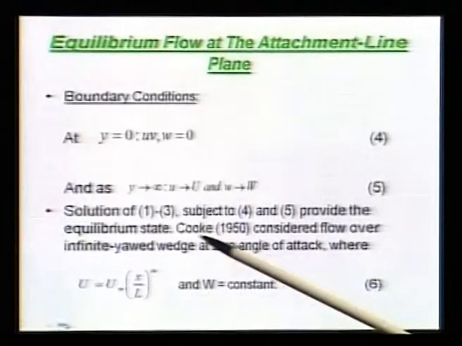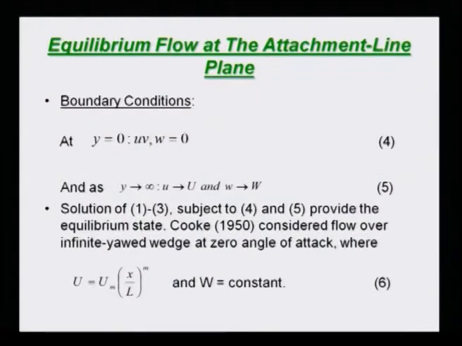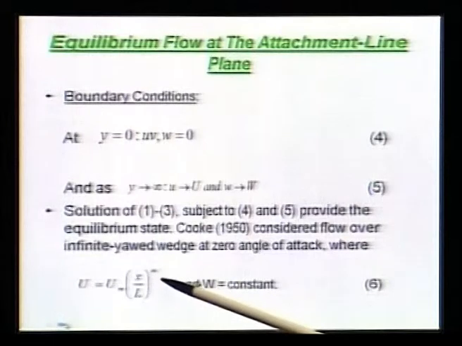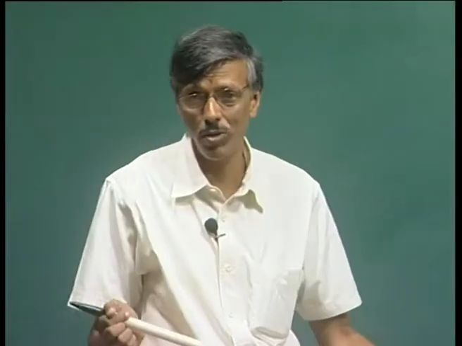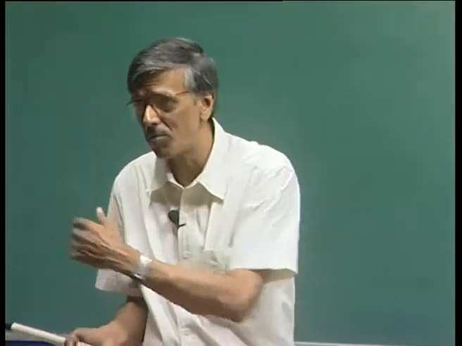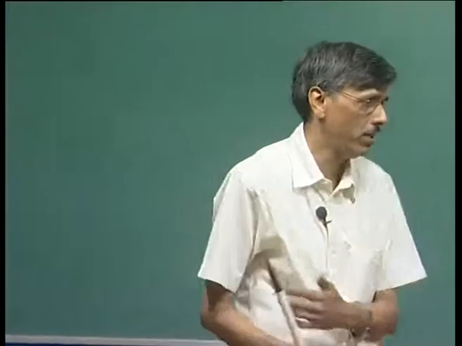And then we can prescribe the variation of u like what you do in the Faulkner-Skan profile. It goes as x to the power m, okay. And W, because we are talking about infinite sweep, we have a w component, but it does not vary with z. So, that is why you have the other value there, w equal to constant.